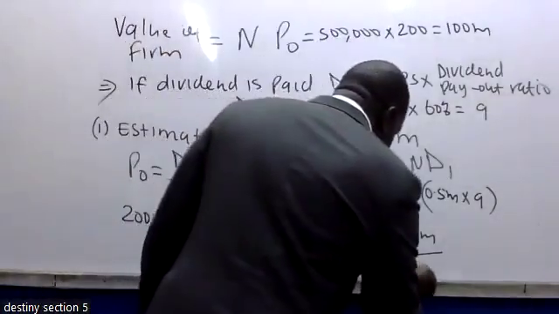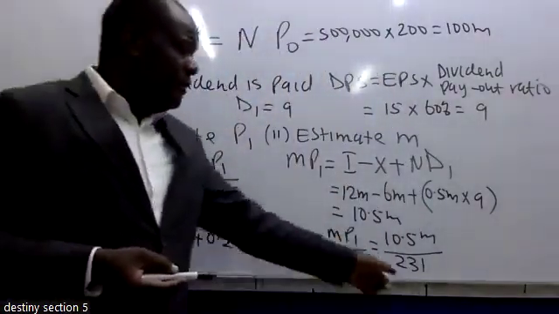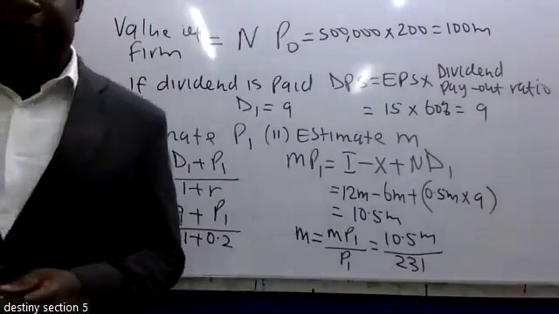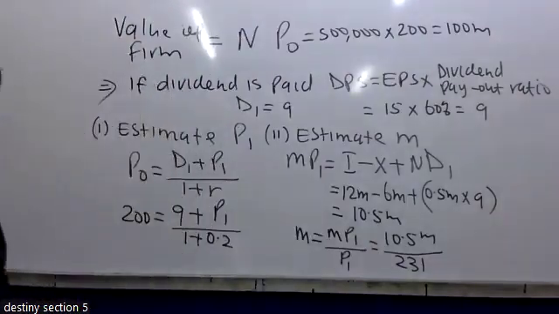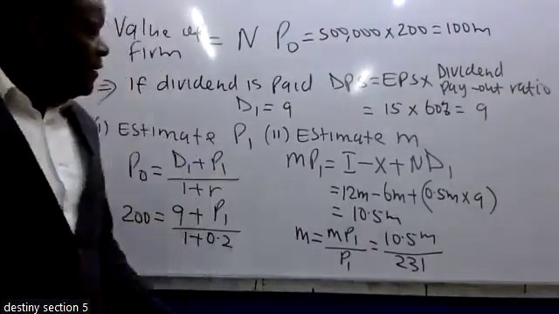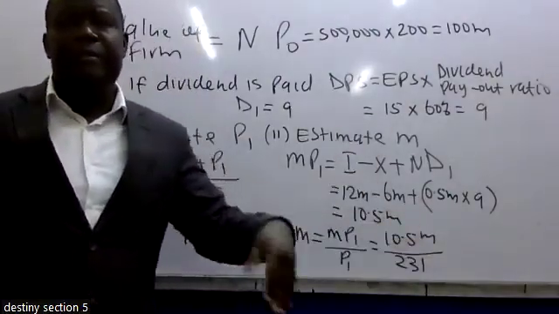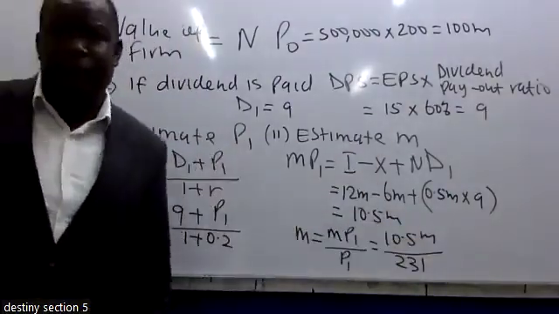I want you to confirm if it has so many decimal places; we normally leave it the way it is. So, does it have so many decimal places? Remember, if it has so many decimal places, don't round off, just leave it, because you want to use it in step number 3, to get the value for the firm.